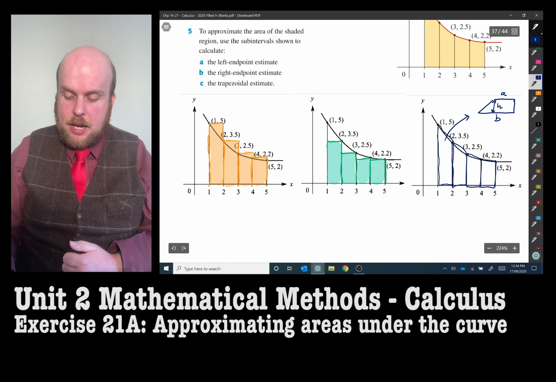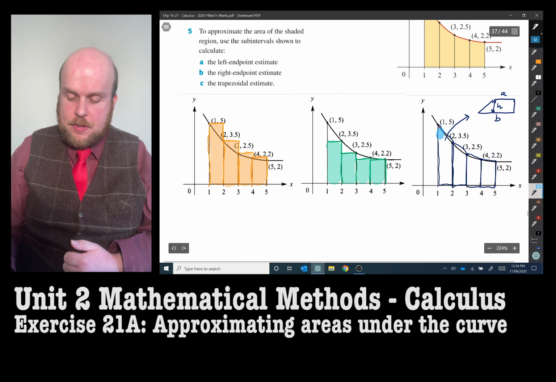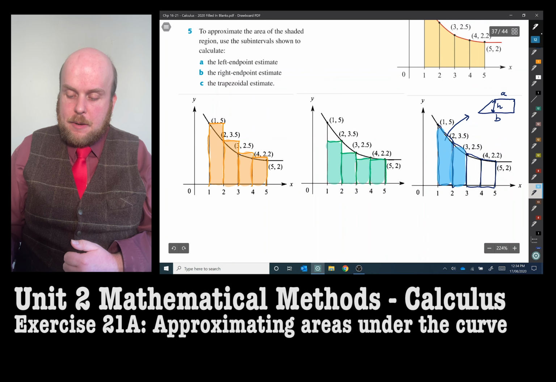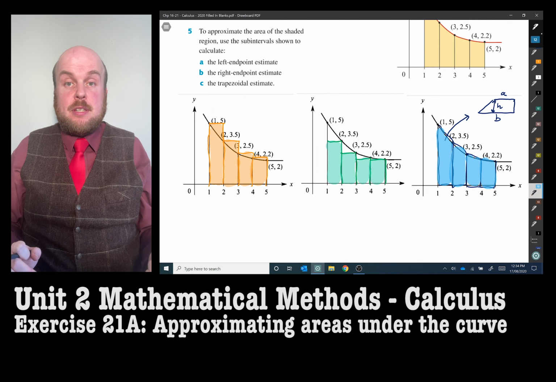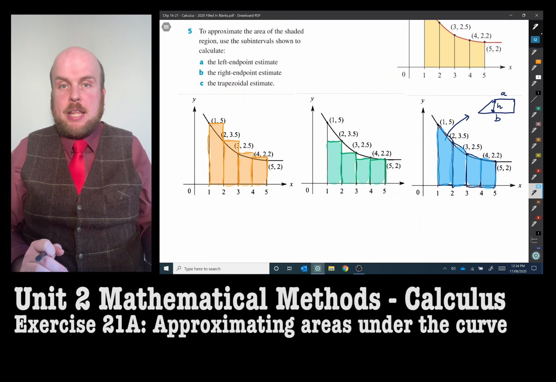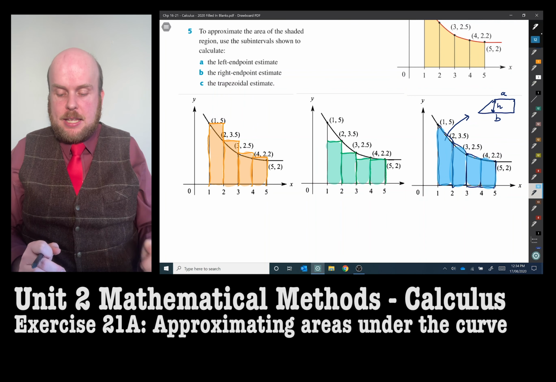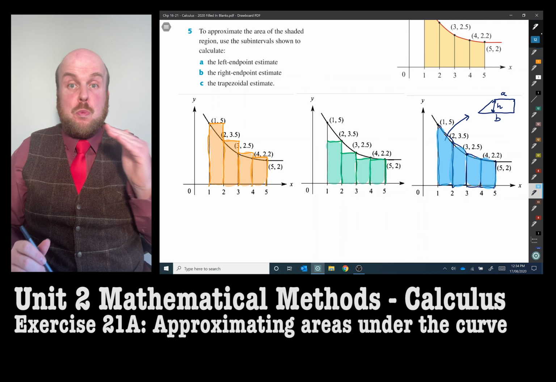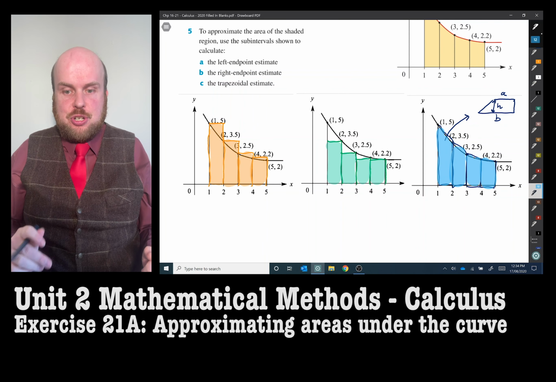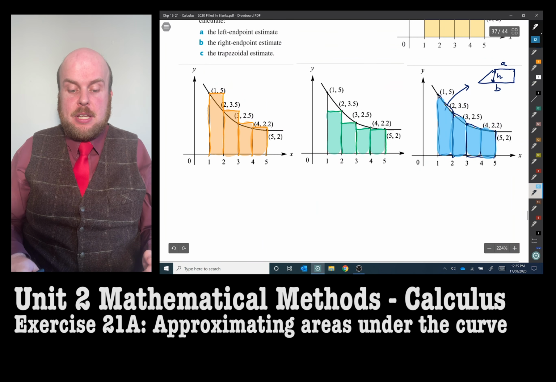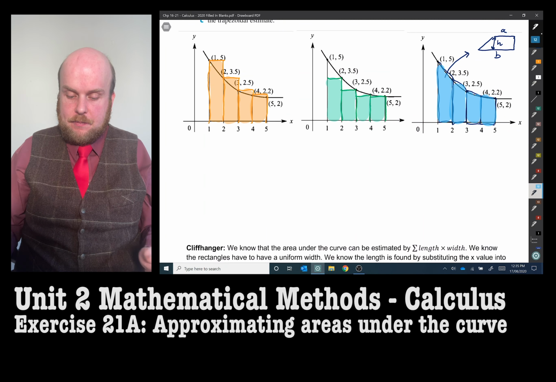If it was going the other way, I'd have it pointed in the other direction. So we can approximate these using our area formula. For the rectangles, I would do length times width and add them all together. And for a trapezium, I would do 1/2 (A plus B) times H. So let's go and have a go at calculating these estimates.